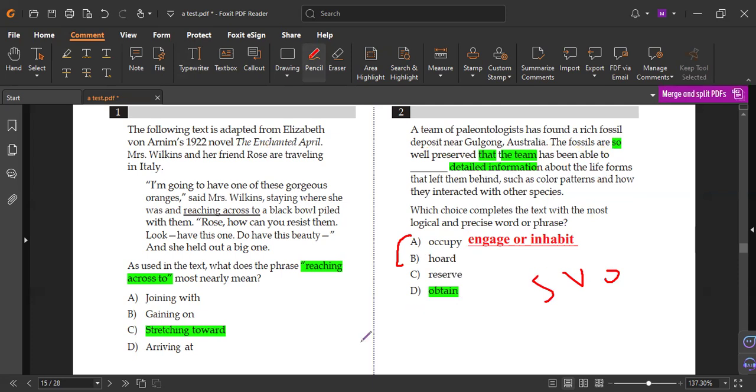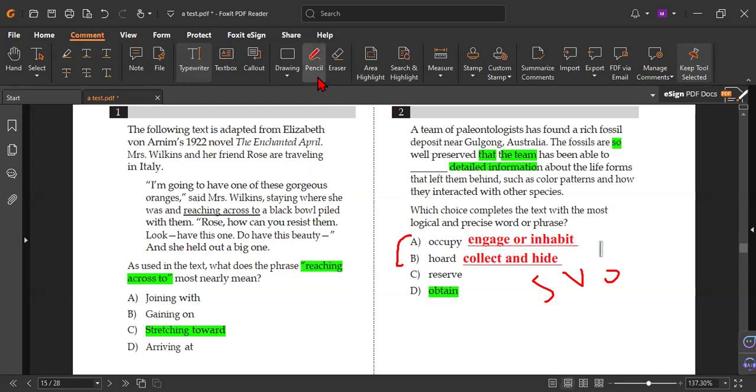But wait, why is the other option wrong? Because it means to collect and hide. But that would mean they collect the information and then hide it? You see? It could be to collect information, to obtain, but how to hide? It does not make sense.